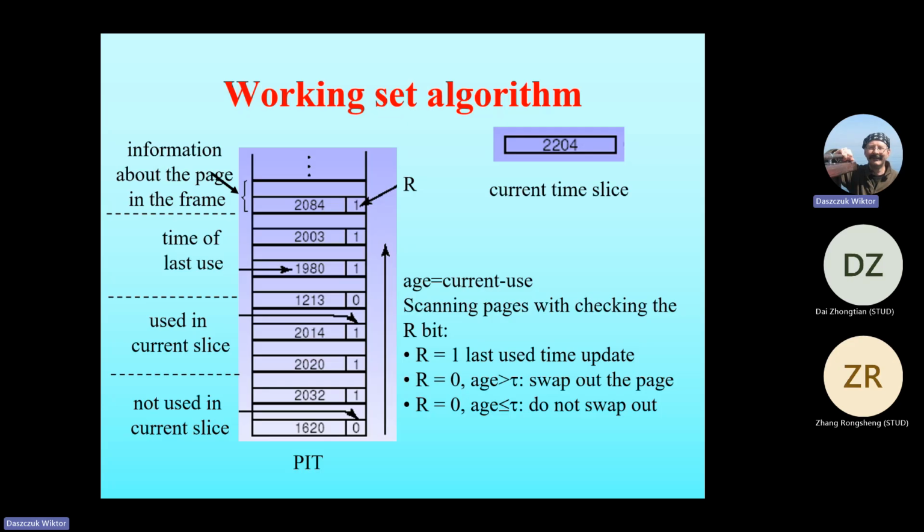If reference is 0 and the difference between this number and this number is greater than the specified tau, which is the work set time, we swap the page. If it's 0, but it was used in the last tau accesses, we do not swap out this page. And of course, all R bits are cleared.